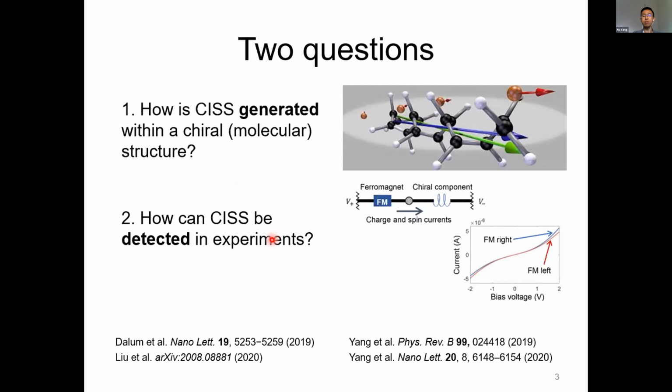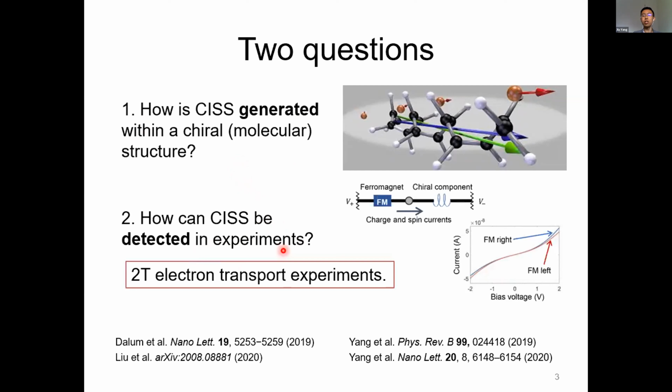How can CIS be detected in experiments, and in particular, two-terminal electron transport experiments? In these experiments, typically we obtain IV curves like that. And as Professor Naaman pointed out, these IV curves are never linear. They're highly non-linear IV curves.